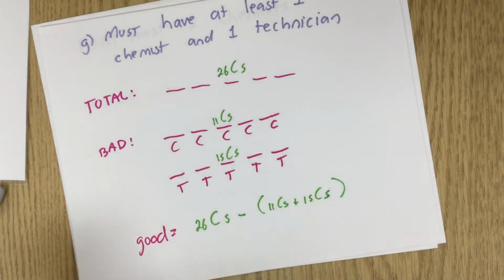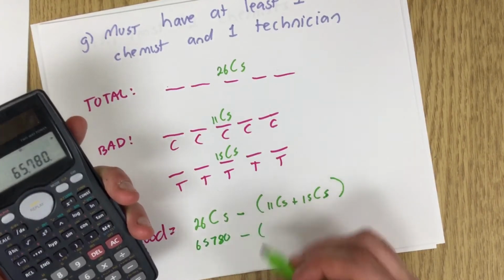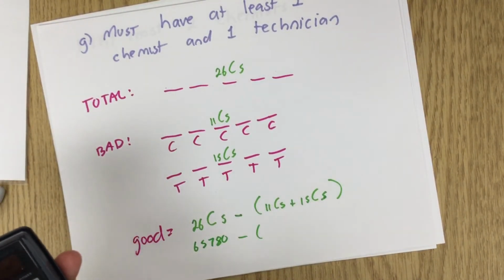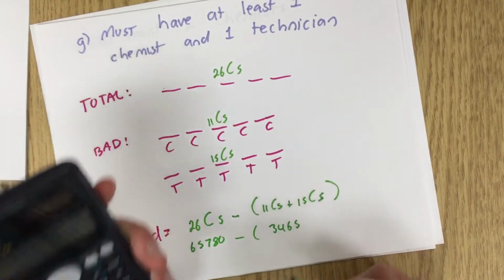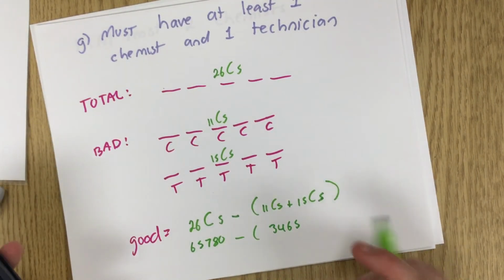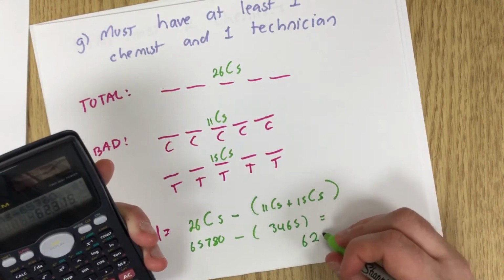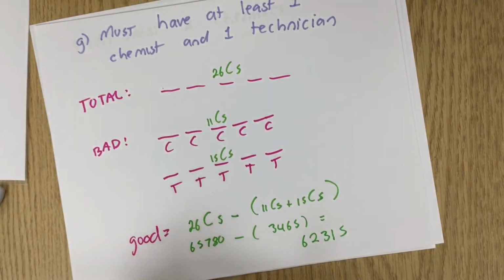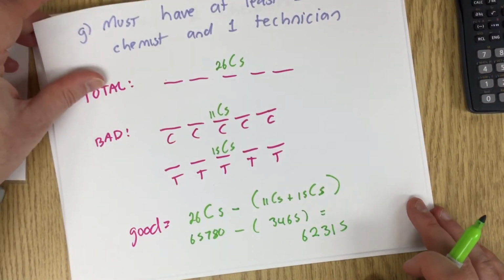If we did that correctly, 26 choose 5 is 65,780, minus 11 choose 5 plus 15 choose 5, minus 3,465, which is equal to 62,315.